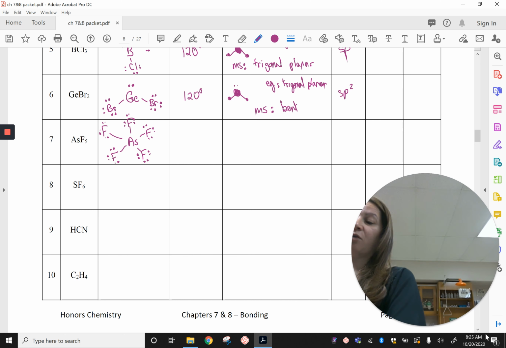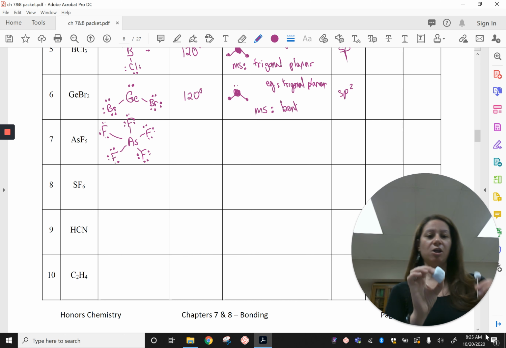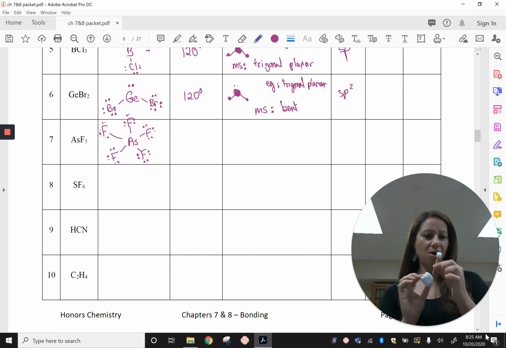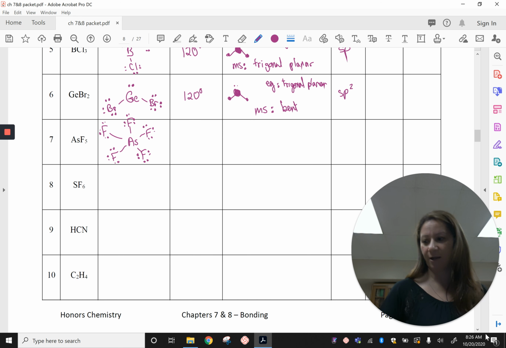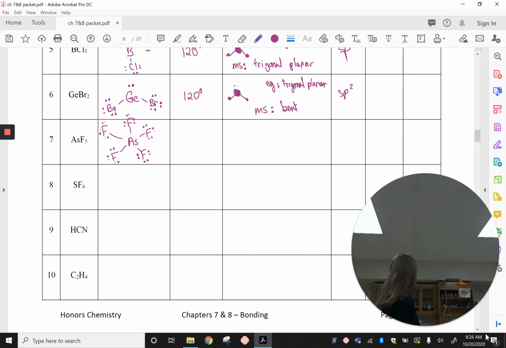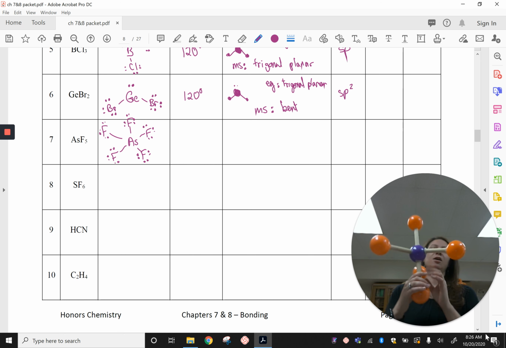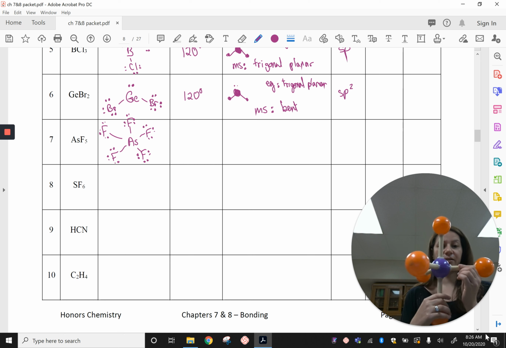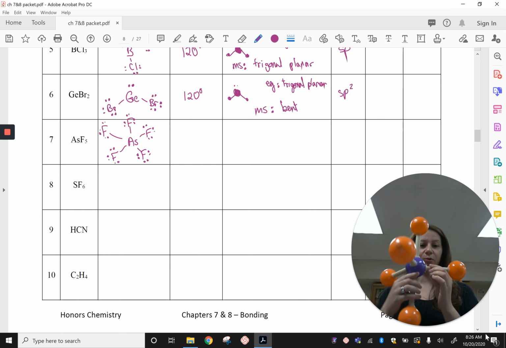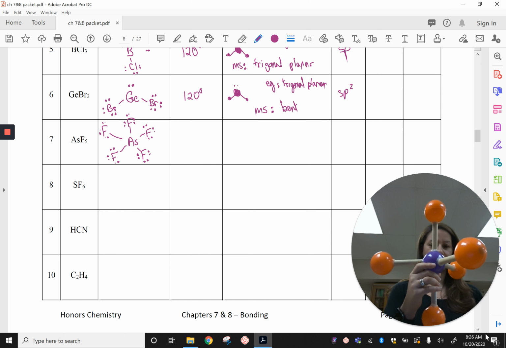There's 5. So I want you now to take your marshmallow, stop the video, try to put 5 of these on there and spread them as far away from each other as possible. And then come back. If you put 5 things as far away from each other as possible, this is what you should get.